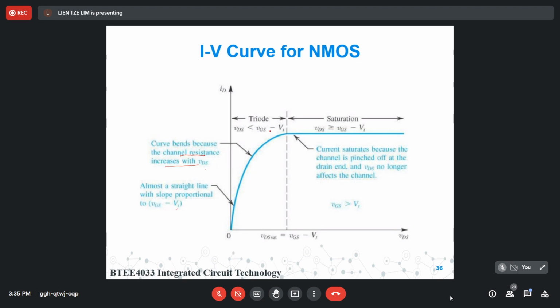The drain current cannot go higher at this point; it starts to saturate and becomes constant. This region again is called the saturation region. The current saturates because the channel is pinched off at the drain end, and VDS no longer affects the channel.